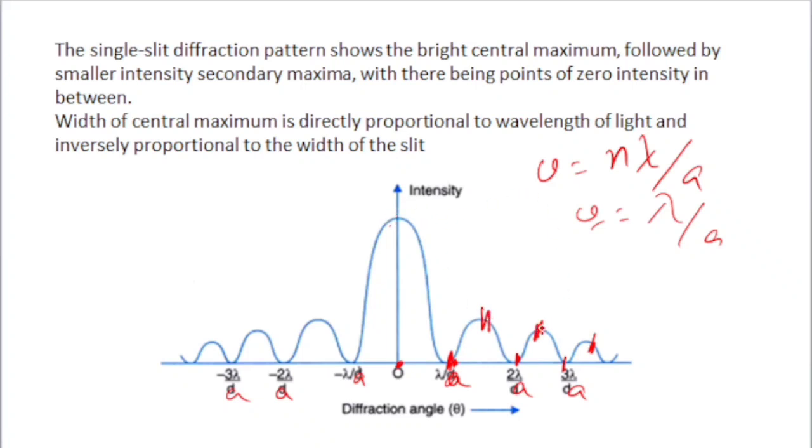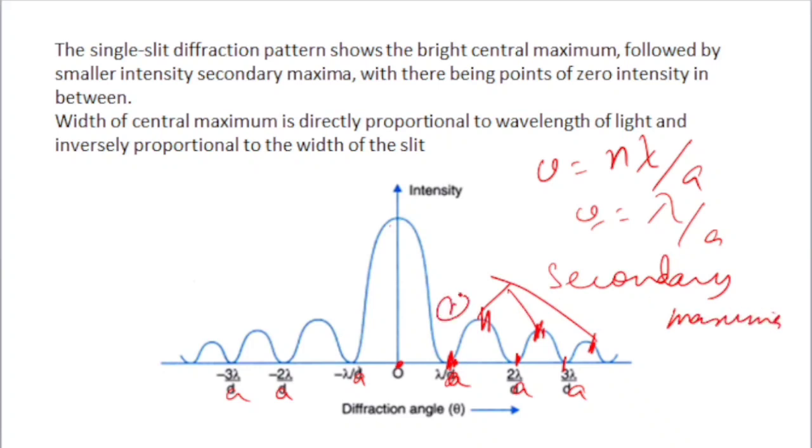These are all secondary maxima of decreasing intensity, right? This one is the first secondary maxima, this one is the second, and the third, and all have decreasing intensity as compared to the central maxima. So this is the diffraction pattern due to a single slit, the intensity distribution pattern.